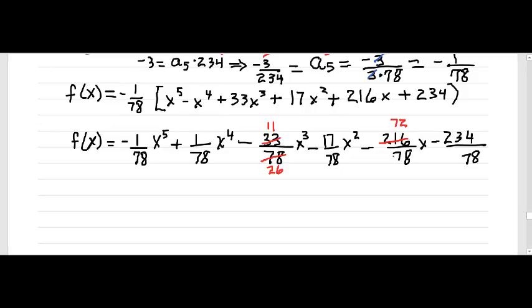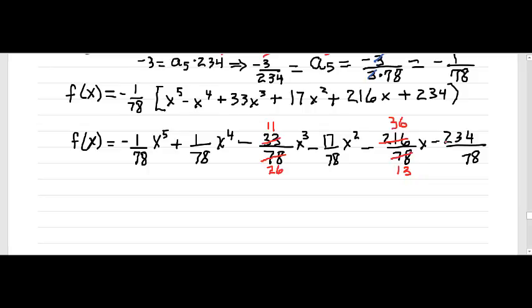216 and 78 also have a common factor. And both of those can be divided by 6.